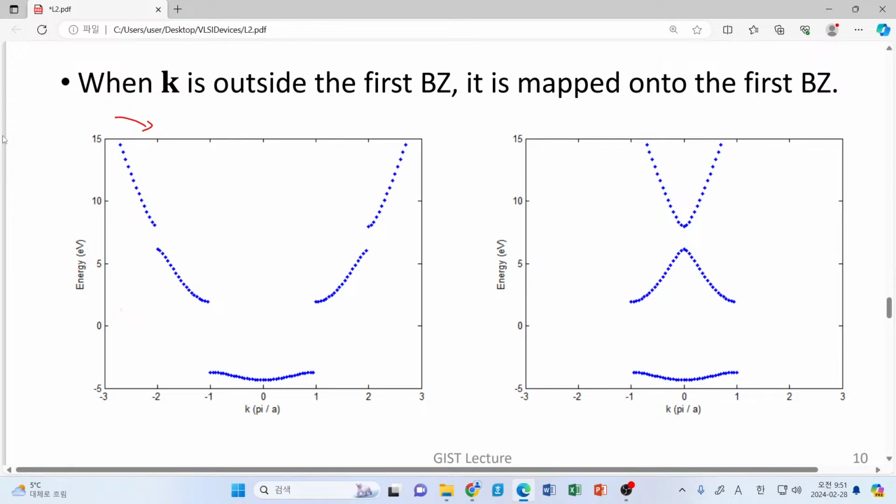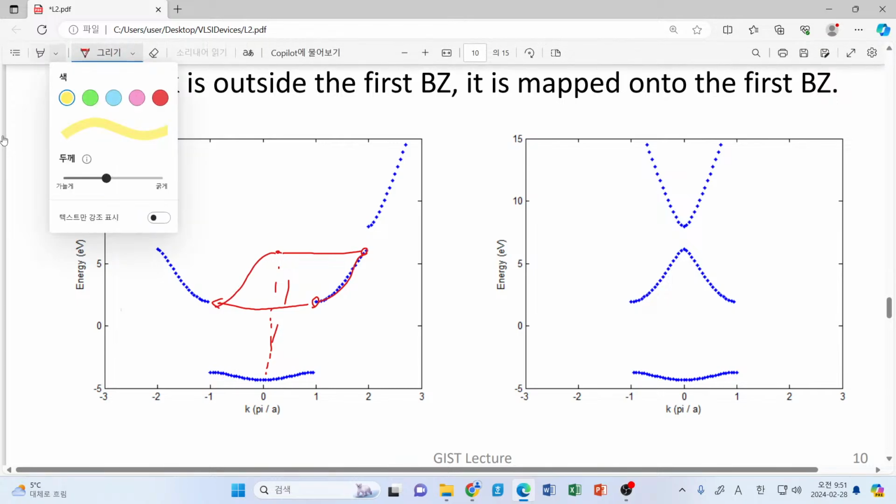So please concentrate. This point can be moved into this one, and this point can be moved into this point. So if I just use red color, that will be the red color.